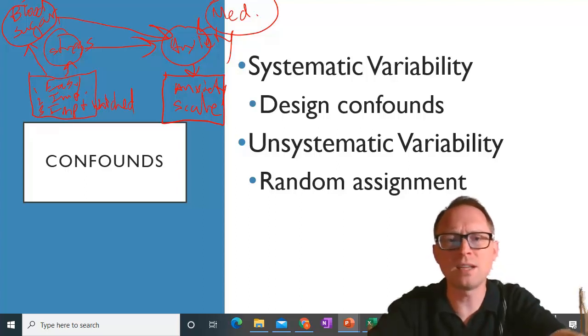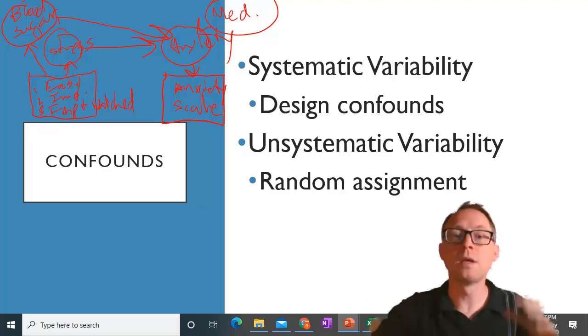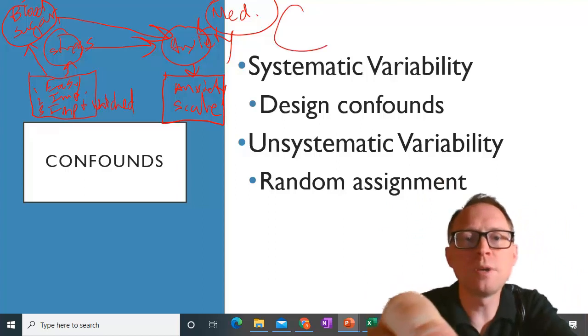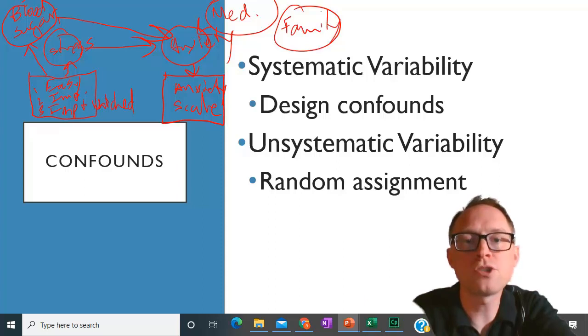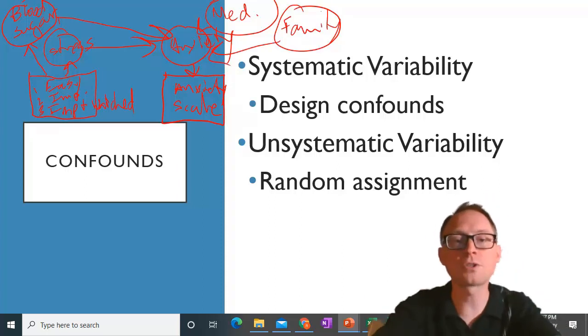No, that doesn't exist. But medications could still affect anxiety. That's why it's unsystematic. It's not part of the study. It's not part of any specific system. It just exists out there. So medication could be one, family situations, etc. There's all sorts of unsystematic variability, all sorts of different variables that could be affecting your anxiety.